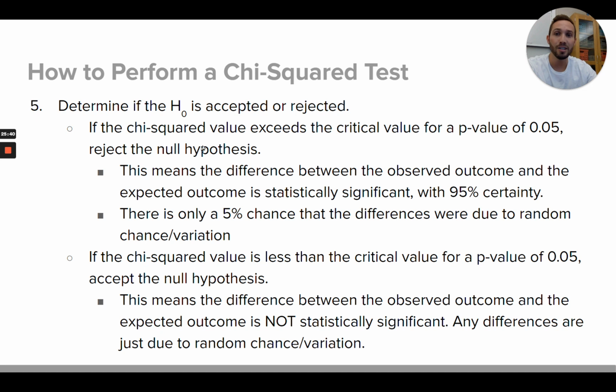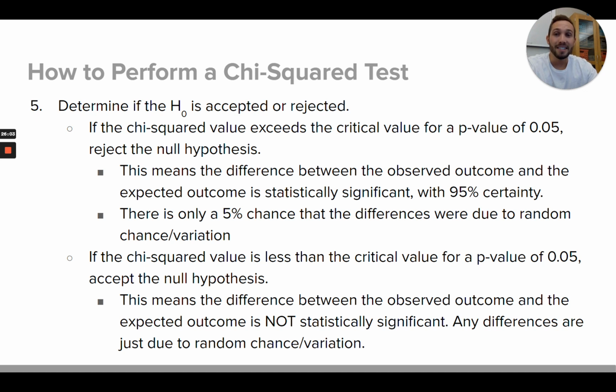Okay. Now to figure out if your null hypothesis is accepted or rejected, you're going to see if your chi-squared value exceeds the critical value. Again, for a p-value of 0.05, which you can just look at that one that I showed you earlier. If your chi-squared value is larger than the critical value for a p-value of 0.05, that means you can reject the null hypothesis.